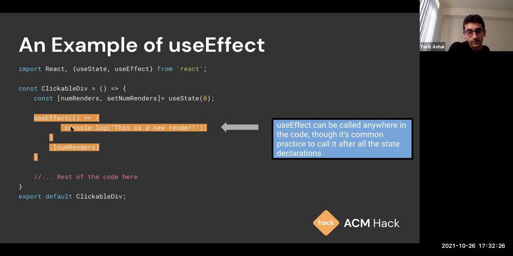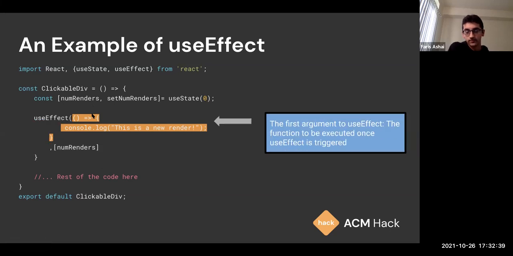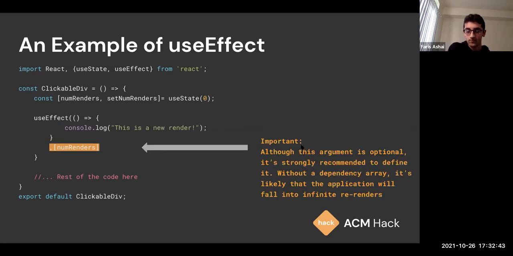And it's going to print that out based on the dependency array, every time that changes. So if numRenders changes, then this useEffect hook is triggered again. The dependency array is optional, but you might get some bugs with infinite loops if you don't include it.